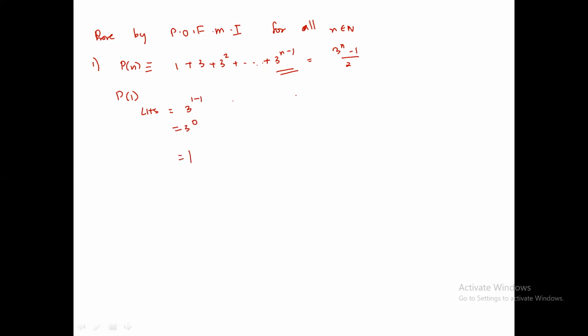Left hand side is 1. Right hand side, what you will get? (3 power 1 minus 1) by 2, (3 minus 1) by 2, 2 by 2, that is 1. Because left hand side is equal to right hand side, I can say P of 1 is true.